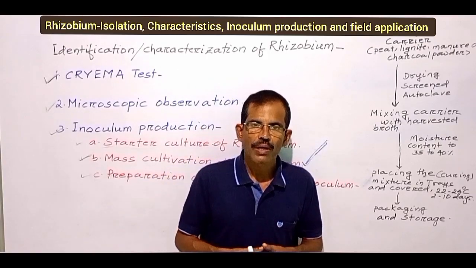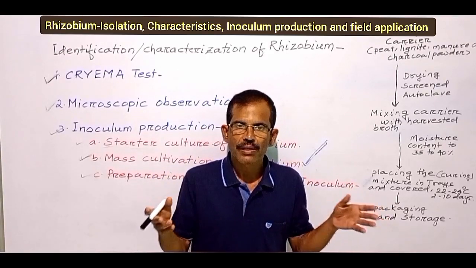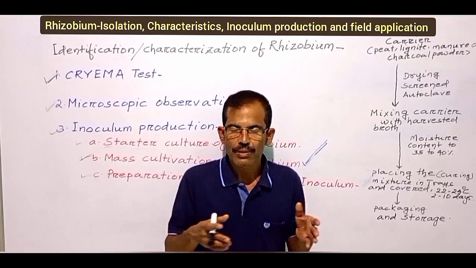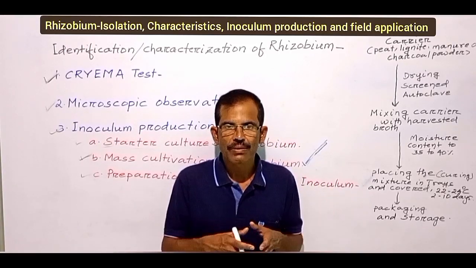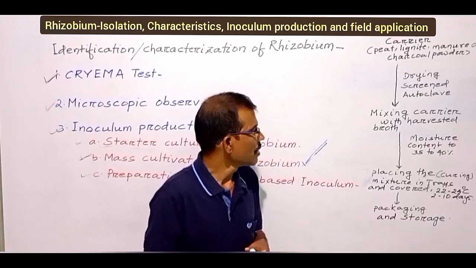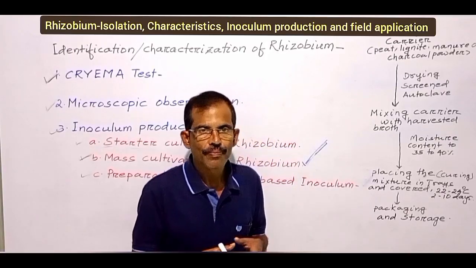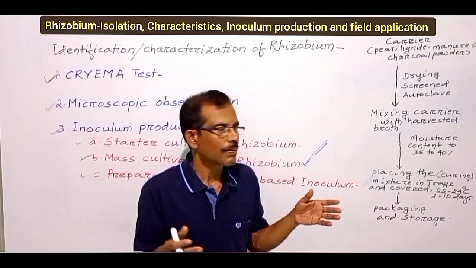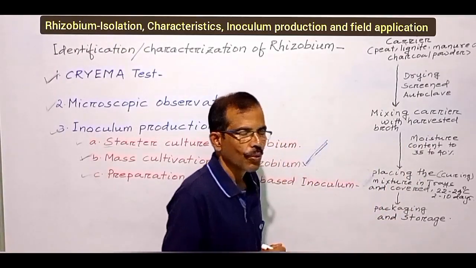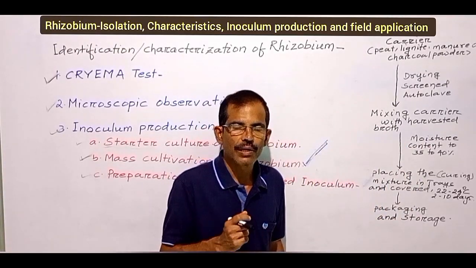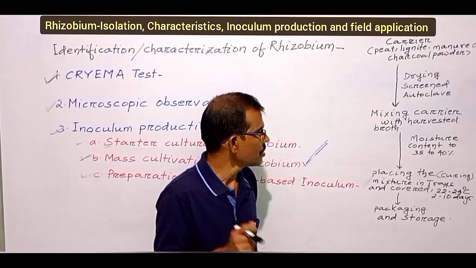First of all, the carrier is dried under the sun and then powdered. The powder is then screened through a sieve, after which the carrier is autoclaved. In the next step, the carrier is mixed with harvested broth by hand or mechanically to ensure proper mixing.